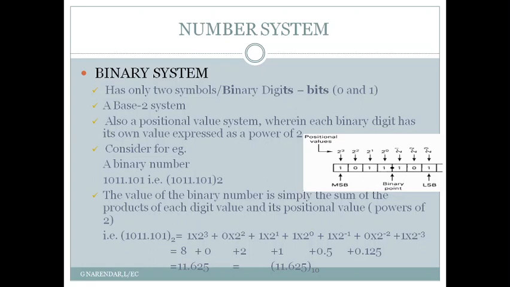Starting from 0, they are 0 and 1. So 0 and 1 are the only 2 symbols used by the binary system. So normally we call them 0 bit and 1 bit, and with only these 2 bits we form any number that quantifies a particular thing.